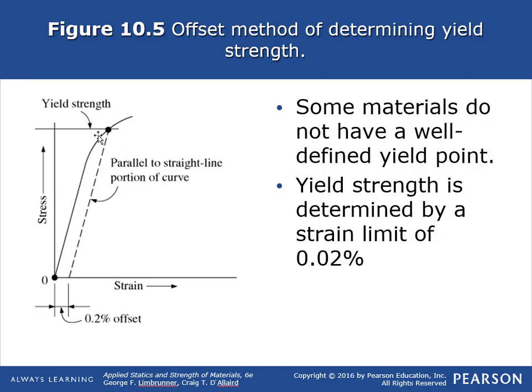Wherever it intersects the stress strain curve, we come over here and pluck that off and call that the yield strength. Any material that doesn't have a well-defined yield point, yield strength is going to be determined by this method. You'll see that published in a lot of materials data.